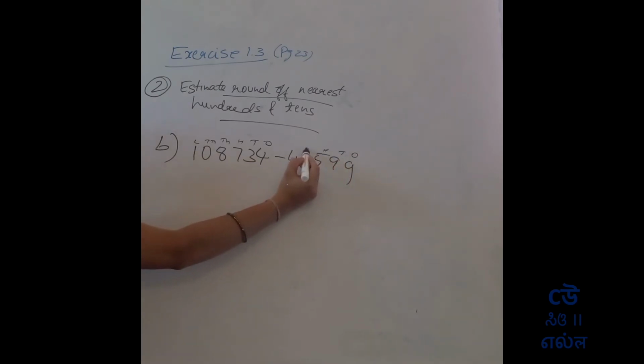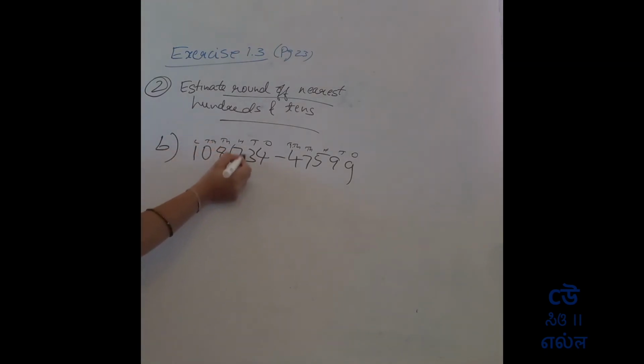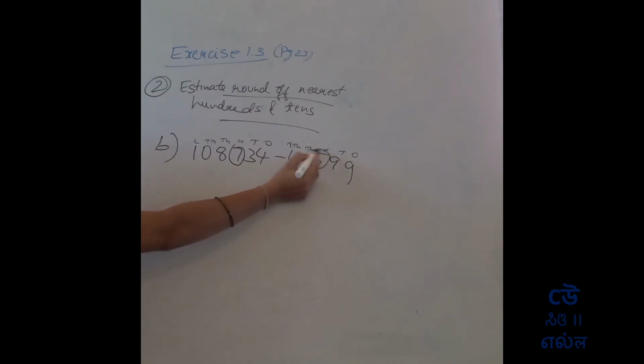Okay. So in the question they have asked to round off to nearest hundreds. So circle the hundreds place value. Round off to nearest hundreds.